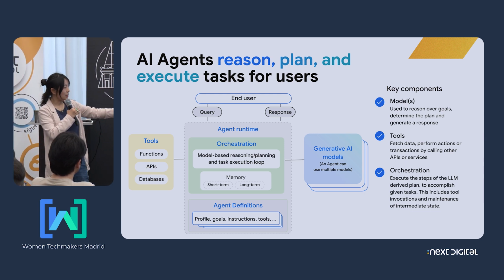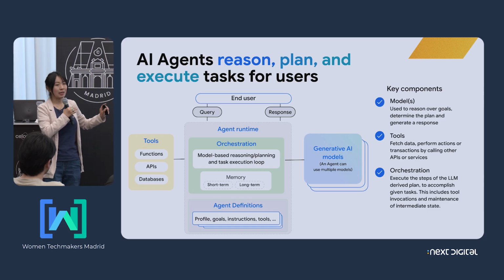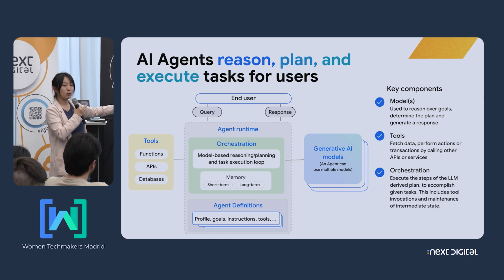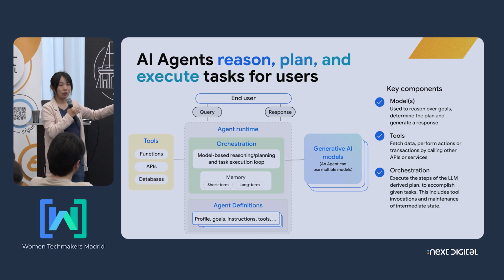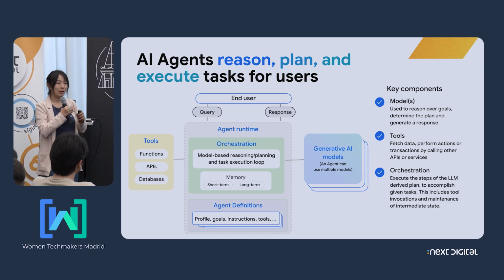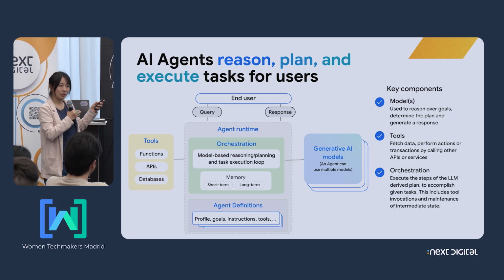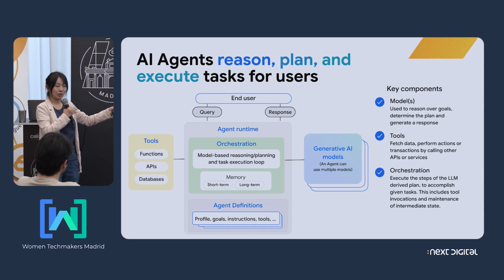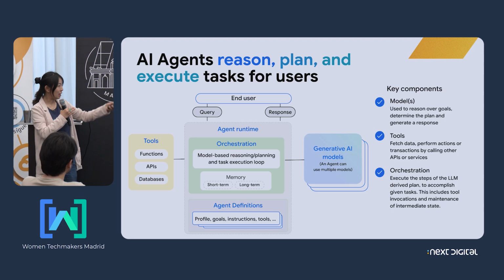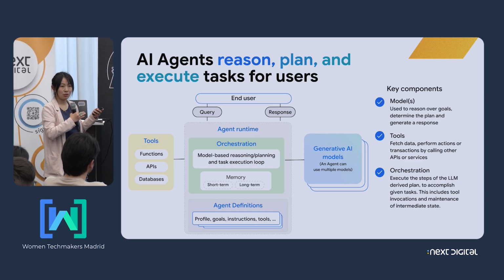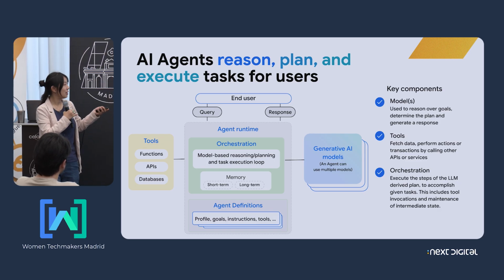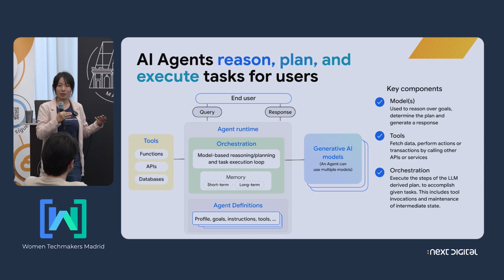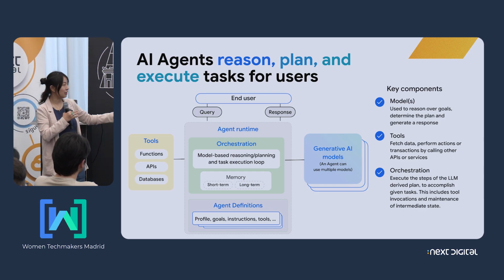An agent interacts with a generative AI model, and on the other side, it also connects with tools such as calling external functions, calling external APIs, connecting to external databases. And right in the middle is the agent runtime. So basically, we have the model, we have the tools. What should we do? And Google Agent Development Kit is a framework that's designed to solve the runtime problem.